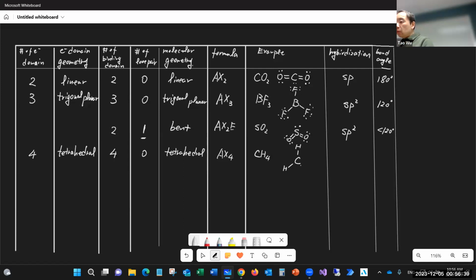So with the wedge, this hydrogen is pointing out. Dash is the hydrogen that's pointing inside. Okay, so this is generally how we draw the 3D structure. Make sense, right? So wedge and dash.